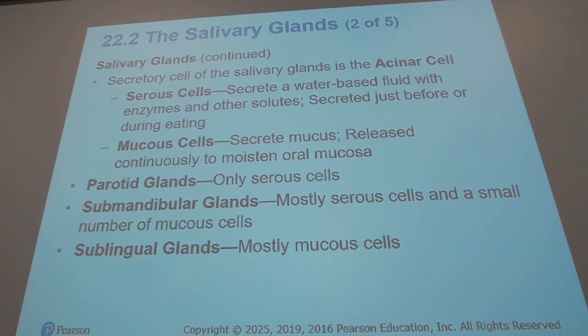For instance, the serous cells secrete a fluid that is rich in enzymes, secreted just before or during eating in preparation for digestion of carbohydrates. The parotid glands have only serous cells.